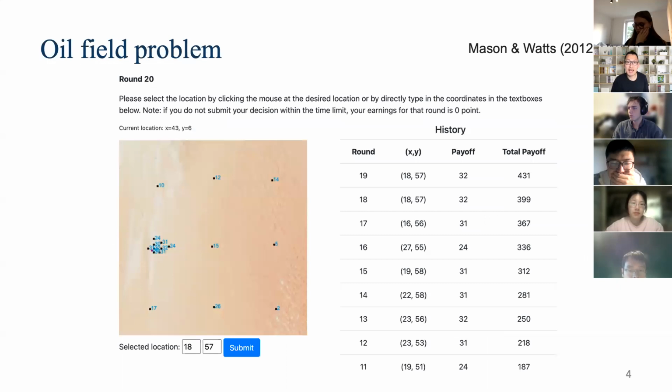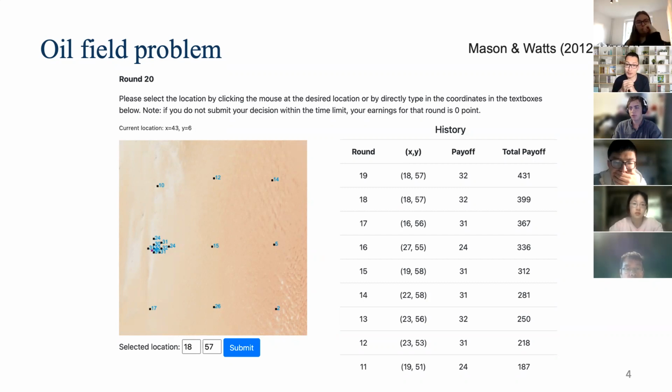The third task is something that we have already discussed briefly, which is the oil field problem. You have a field, and at each spot of this field, you will be able to try to find oil there, right? Depending on the storage of the oil, you will receive different levels of payoffs.